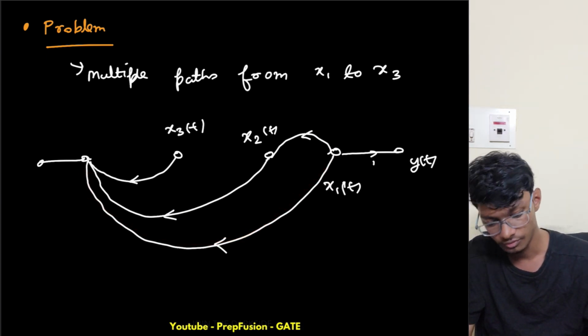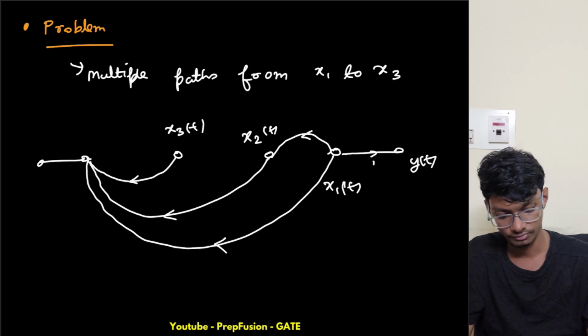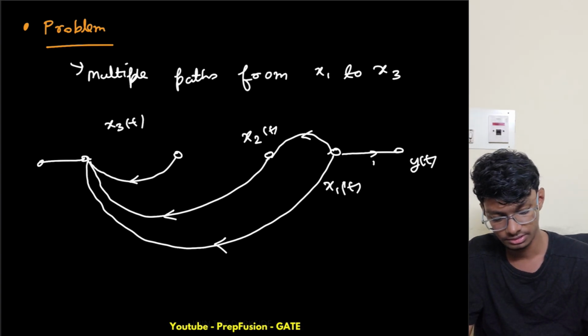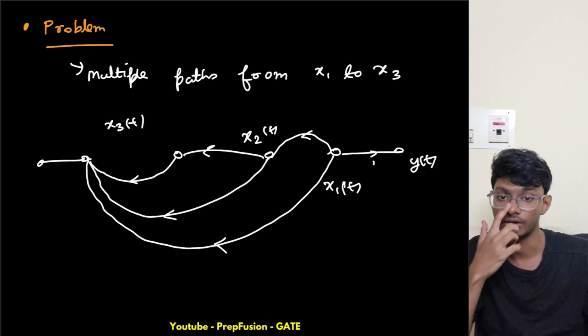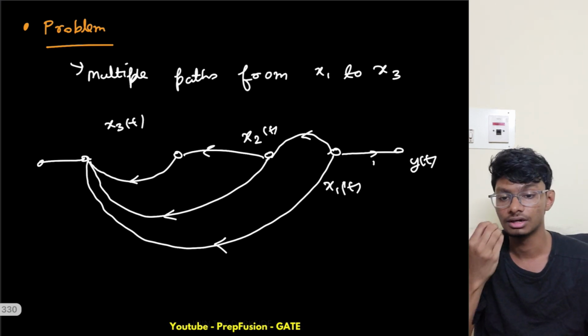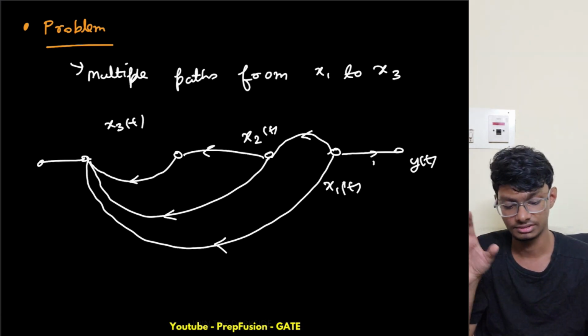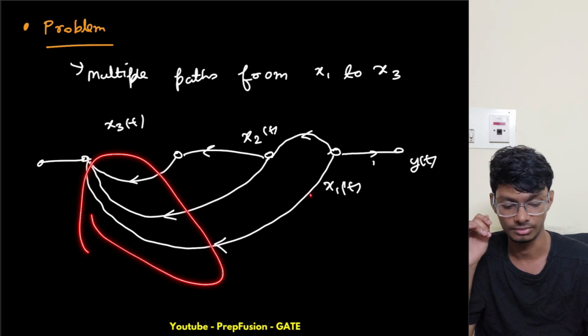Also, if this x3 is connected with x2 like this, whatever the gain is, I don't care about the gain right now, then there will be an issue. I just can't simply write the value of x3 in terms of these three path gains multiplied with this.